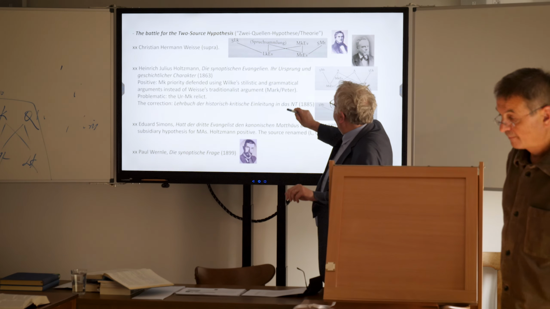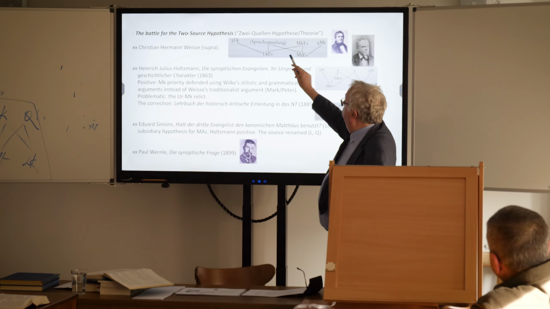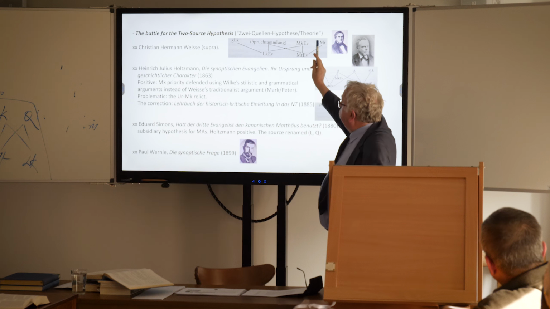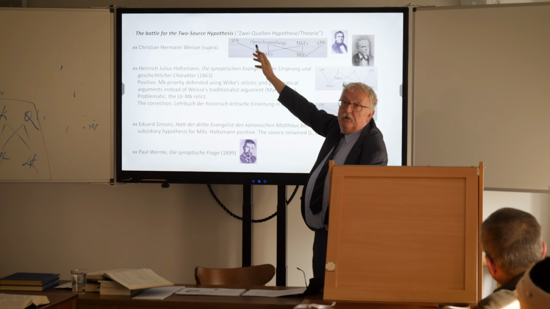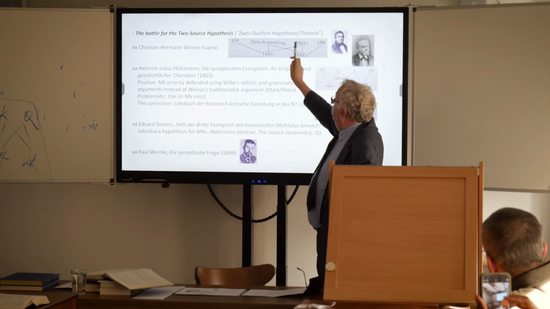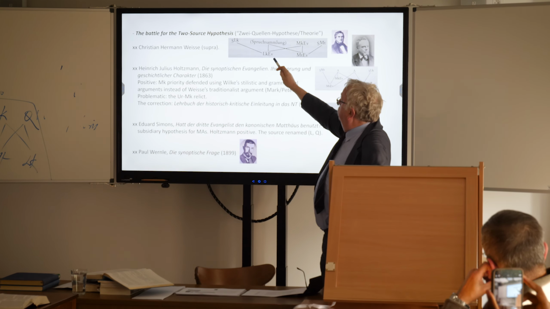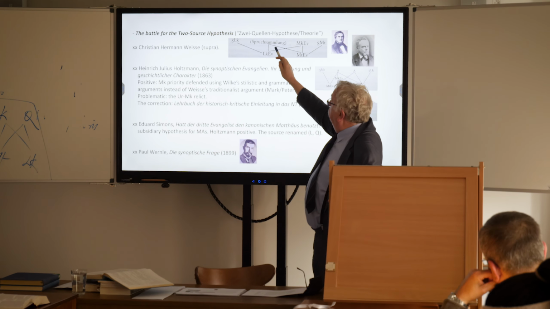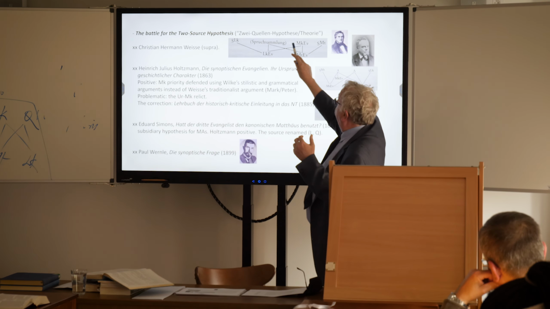And how did we get there? We get there through this Mr. Weisse, who has the merit of having defended Mark in priority, but then also postulated a source which he called a collection of sayings that explains lots of material in Matthew and in Luke that are not in Mark, and then of course some extra material that comes from another document that is in Luke and in Matthew. But this is the real new thing, starting in 1838 with this Mr. Weisse, which is the start of the two-source hypothesis.